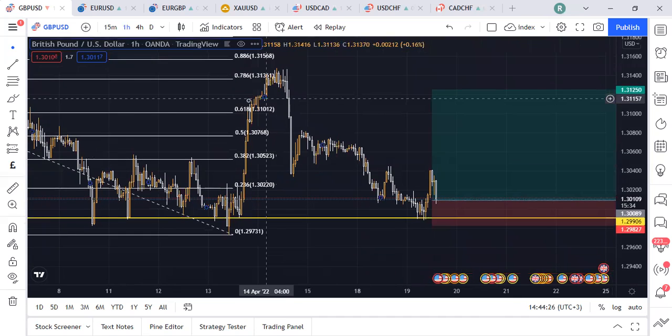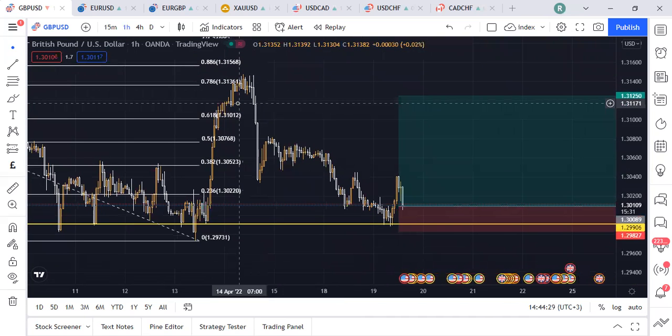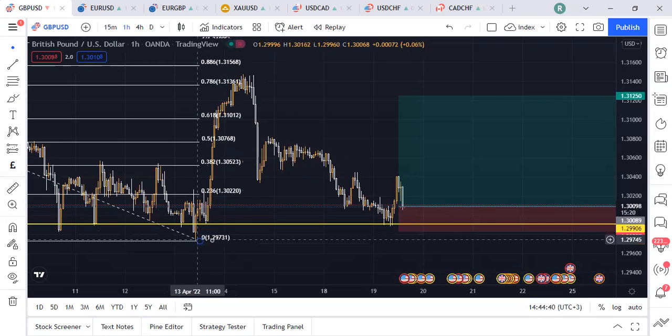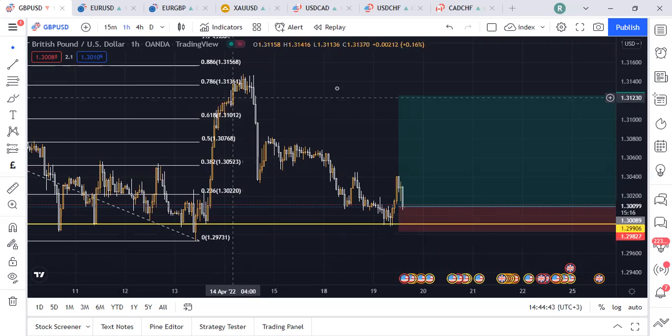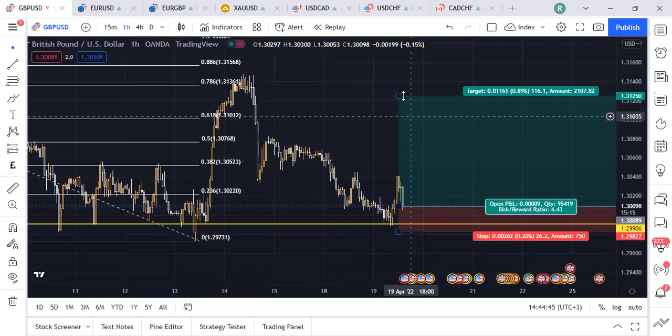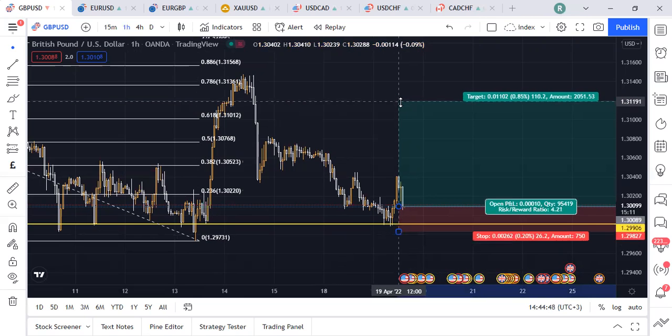So that is where I believe the market went up for this area because of previously sweeping out some buyers who were in this area over here. Okay, cool. But if this trade does work out, then we should look at probably taking profit around this area over here.